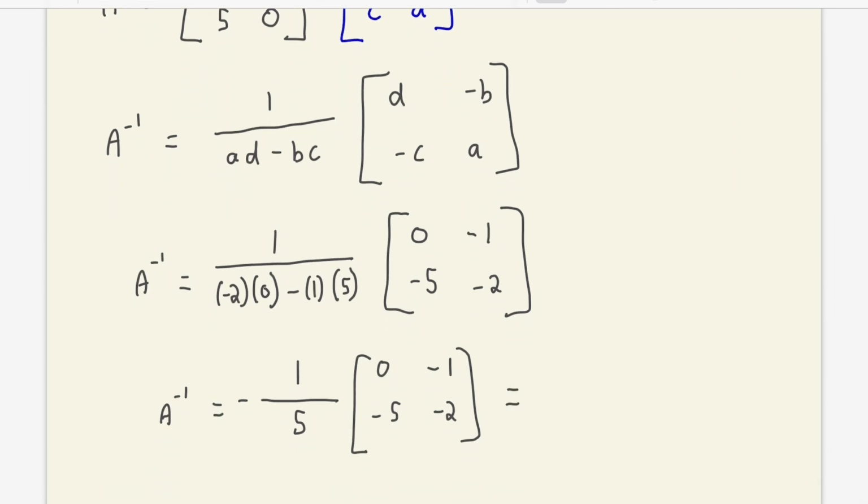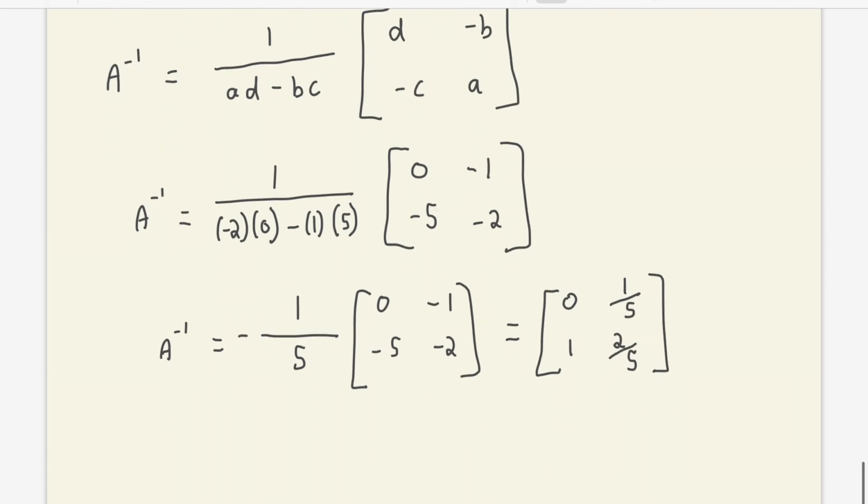So -1 over 5 times 0 is still going to be 0. -1 over 5 by -1 is 1 over 5. -1 over 5 times -5 is just going to be 1. And then -1 over 5 times -2 is going to be 2 over 5. So in this case, the inverse of matrix A is equal to 0, 1 over 5, 1, and 2 over 5.